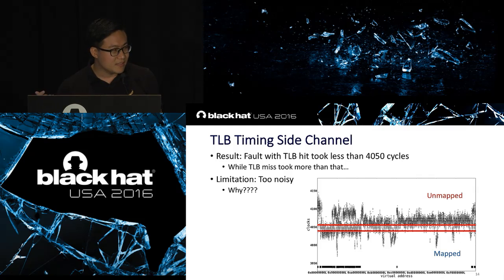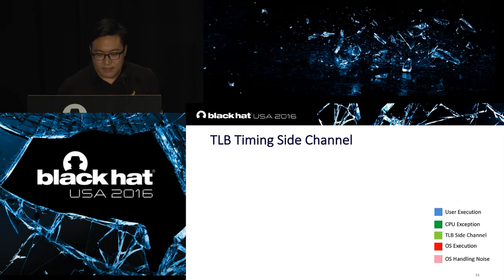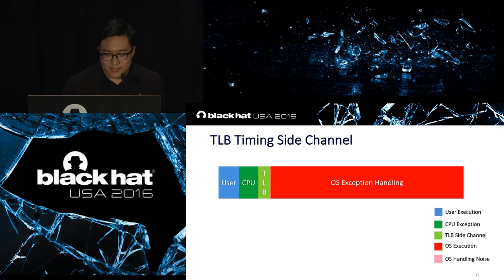Then why does this channel have so much noise? Let me break down the timings of the current configuration. To measure with the try-except clause, we measure the timing from the user to the processor, where there will be the TLB hit-miss side channel, and then there will be the operating system exception handling routine, and then it gets back to the user's exception handler.